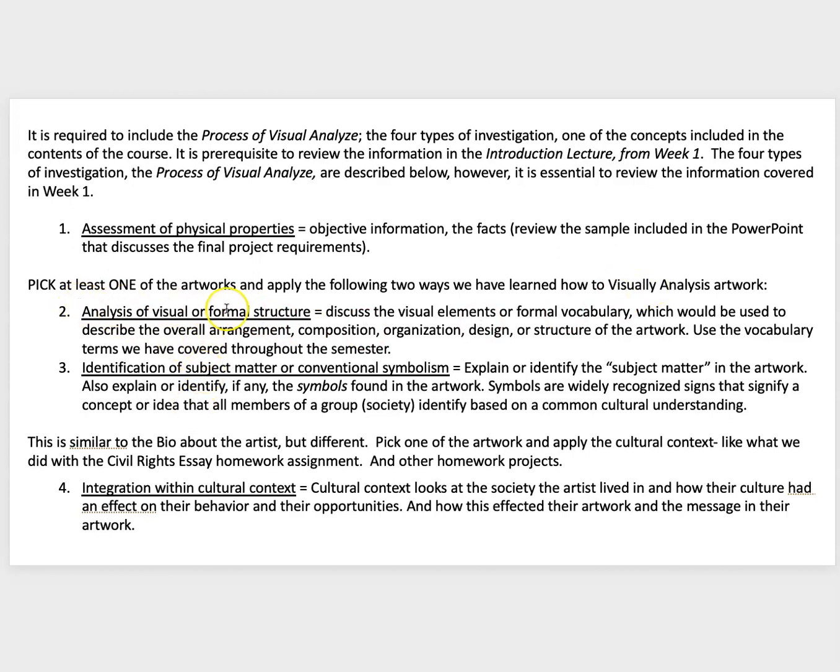You'll talk about the formal structure, which would be all of the different things that you've learned in this class. So composition, texture, and you'll want to go back through the modules to remind yourself of different terms that we've covered. We've covered a lot of vocabulary, so you can go back and reference that.